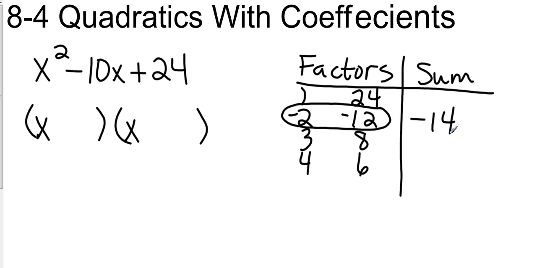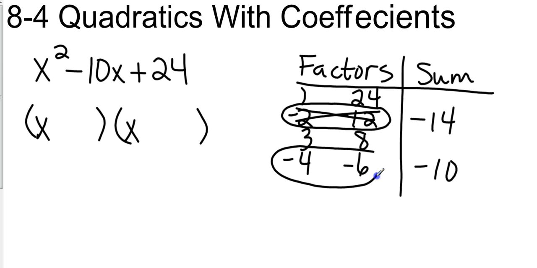Let's go down to the negative 4 and the negative 6. Negative 4 times negative 6 is positive 24. Negative 4 plus negative 6 is negative 10. So scratch that thought. I have a little brain freeze on a Monday morning, and we're going to go with this one. So it's going to be x minus 4 and x minus 6.